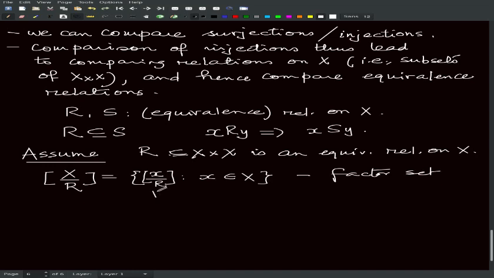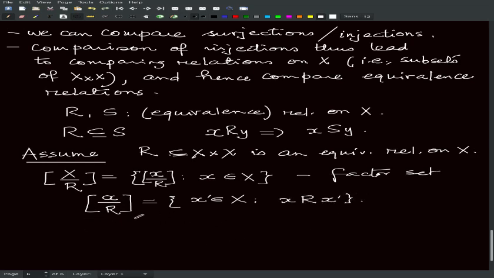Each one of these we write as X divided by R. This is precisely the collection of x prime in X which are in the same partition as x made by R, meaning x R x prime.